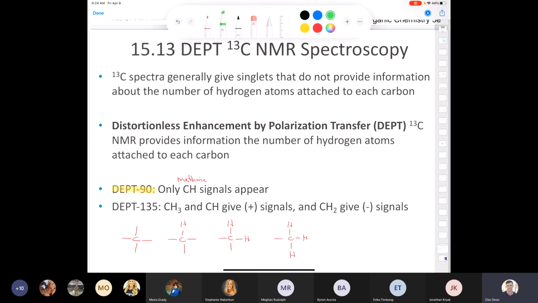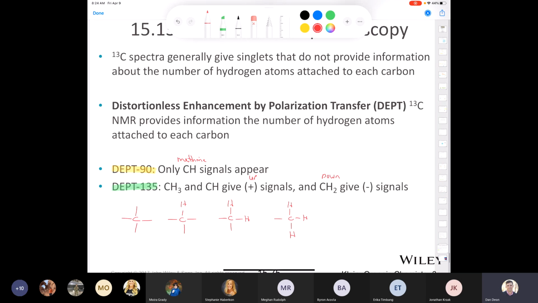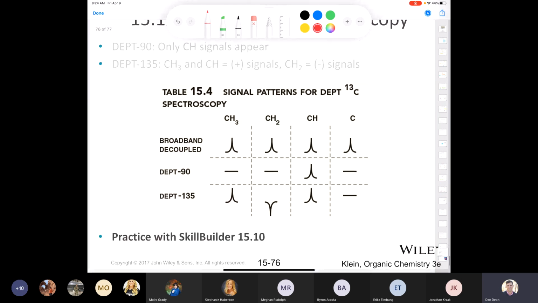Next, you can run another experiment called a DEPT 135. In a DEPT 135, all the methyl groups and methines are going to be pointing up. Positive just means they're pointing up on your spectrum. And anything that's a methylene is going to be pointing down. So just by running these 2 experiments and a regular decoupled carbon-13, you can distinguish between all the different types of carbons.